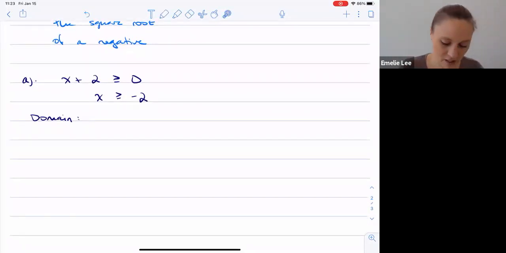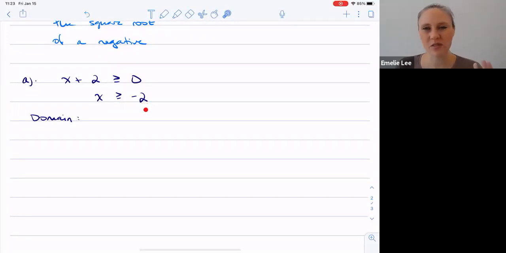So if x has to be greater than or equal to -2, and just to make sure that what you're doing makes sense, we'll plug in -2. -2 plus 2 is 0. Okay, so that's fine. It's allowed to be equal to 0. Greater than or equal to -2. Let's do x equals 1. 1 plus 2 is in fact greater than or equal to 0.